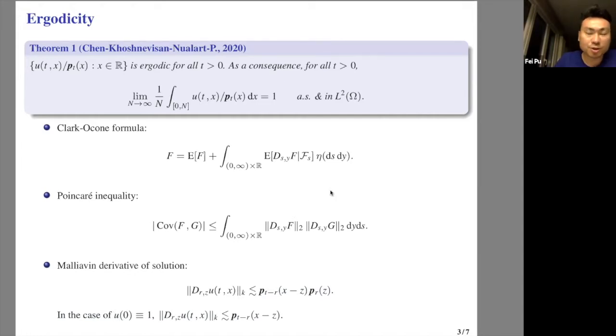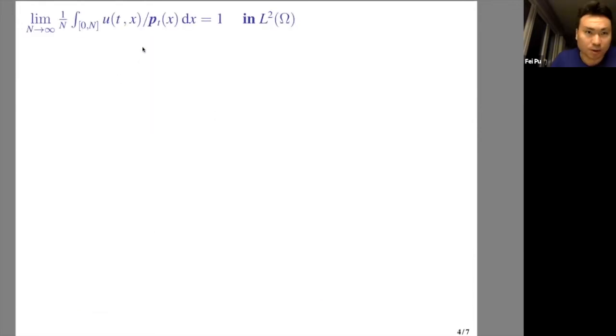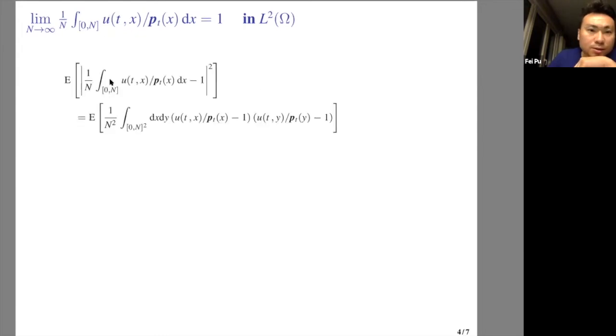So in the following, I'm going to show you the proof. For simplicity, I will only show the proof for the law of large numbers. All right, let's look at the proof for this L2 convergence. Now we look at the difference between this spatial average and the constant one, and we look at the second moment. First of all, the constant we can put inside this integral, and we take a square, it gives us a double integral, dx dy.